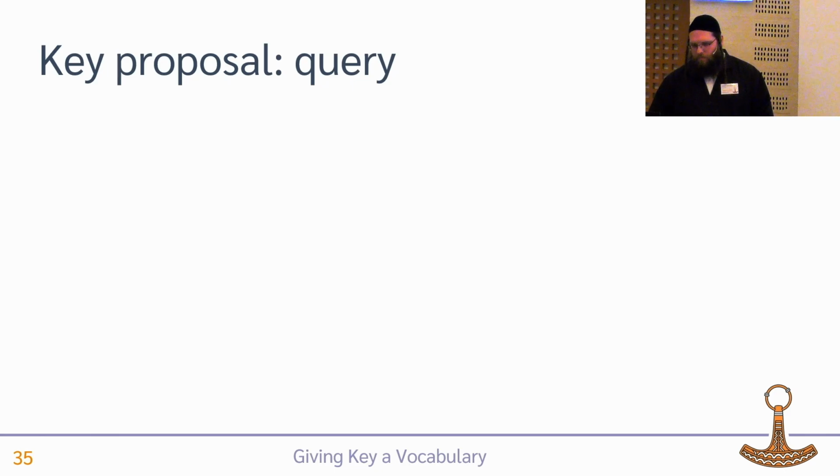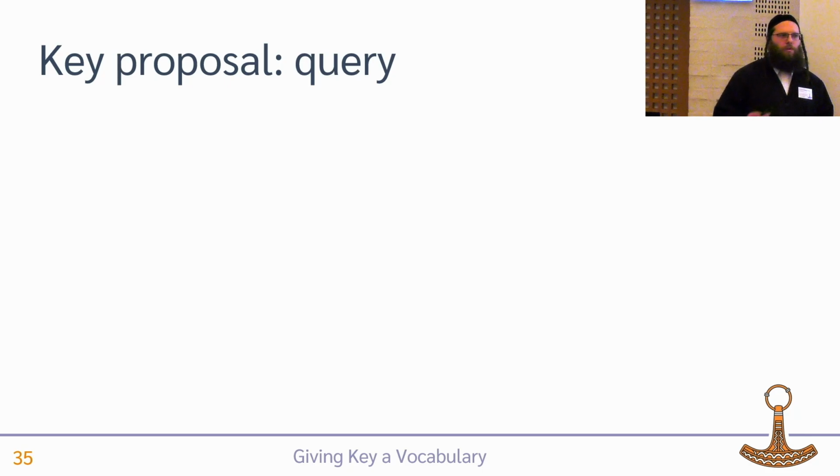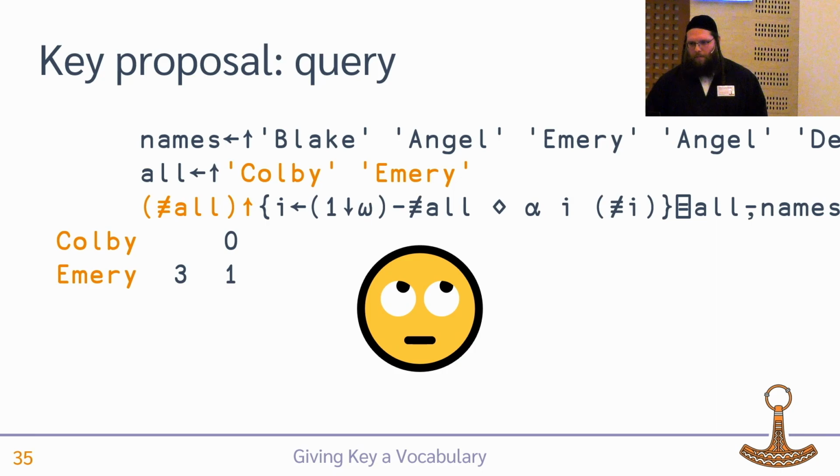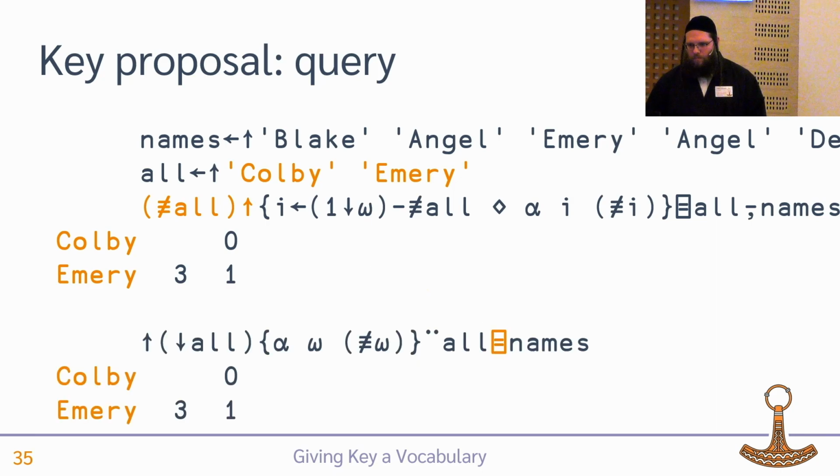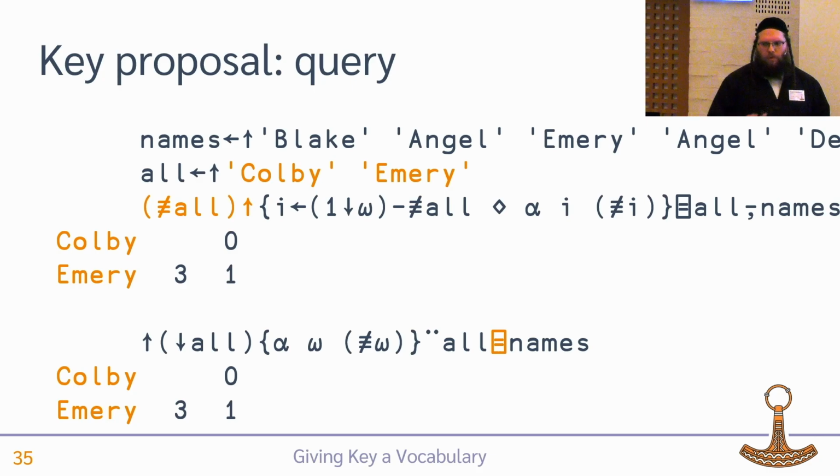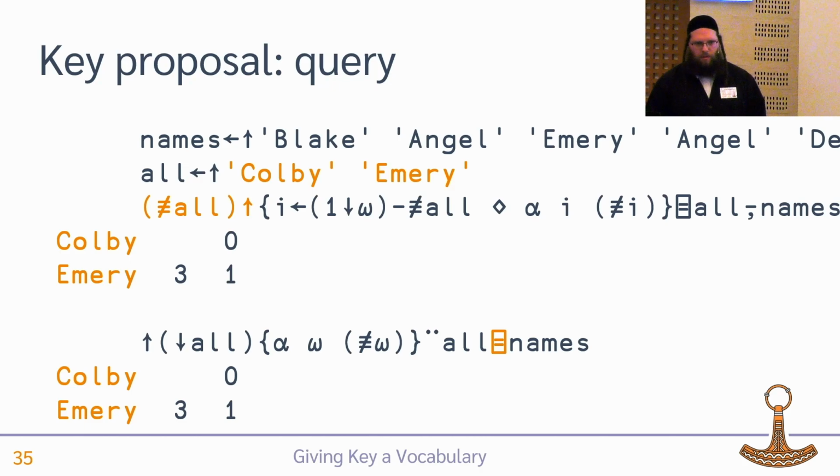So let's say we want to query, as you said before, meaning we don't want all the values, we want this particular information about these particular values. How would that look? We know what all the values that we're interested in are. We give those to key. Key only returns us information about the values that we are interested in, and it can save work on this.